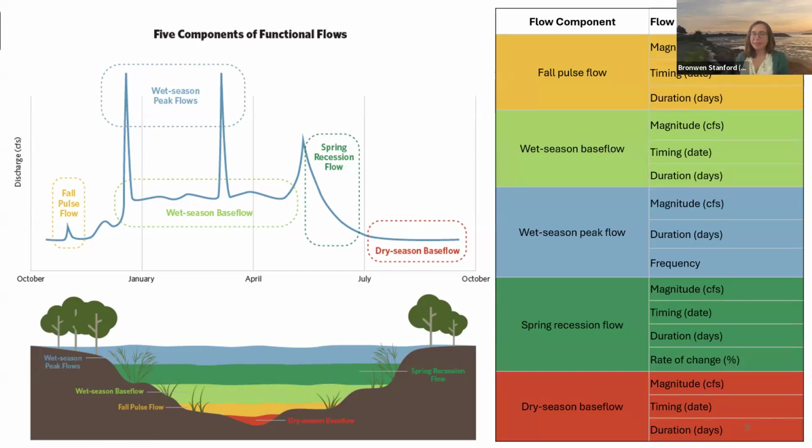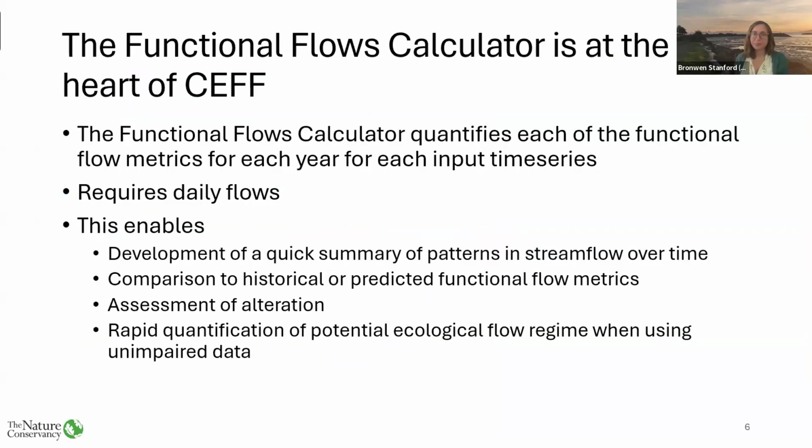So we developed a series of metrics that describe each of these 5 components, things like magnitude, timing, duration, frequency, and rate of change, so that we can put a series of numbers to each of these components to describe it quantitatively. And this is where the functional flows calculator comes in. The functional flows calculator is the tool that quantifies each of the functional flow metrics for each year, for each input time series, so that you can have numbers to attach to your functional flow components for your site in any given year.